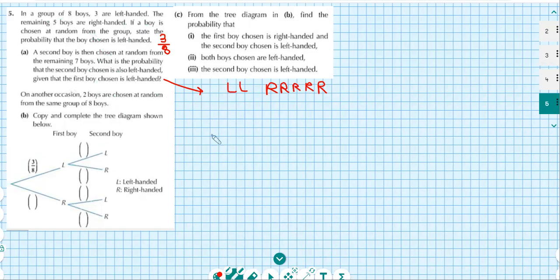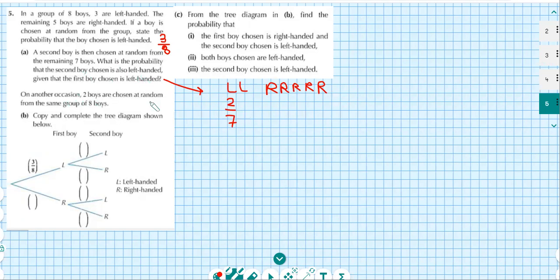Then we choose the second boy from the boys left: 2 left-handed and 5 right-handed. So the probability of getting the second boy as left-handed will be 2 over 7, because one left-hand has already been chosen.